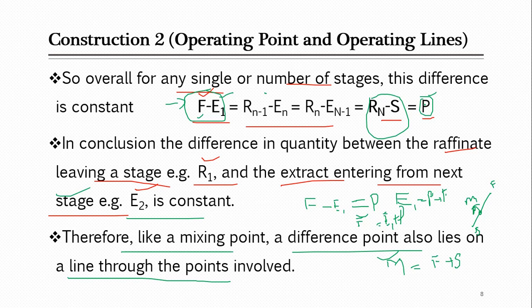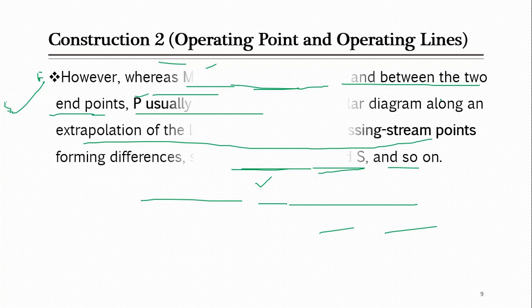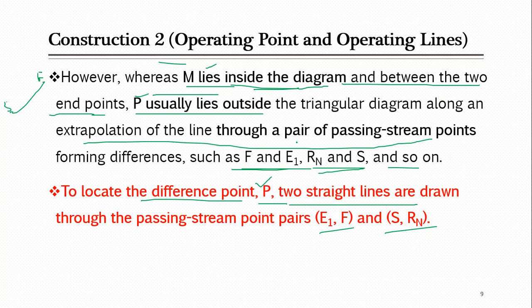And I told you in the last slide how you get these when you apply the balance on the whole system from stage 1 to stage N, capital N. So when you apply the balance on the whole system you can get these points, this pair as well as this pair. When I have these, I can draw the two straight lines through the passing stream points. They are called passing stream points, one pair is E1 and F and the other pair is S and Rn.